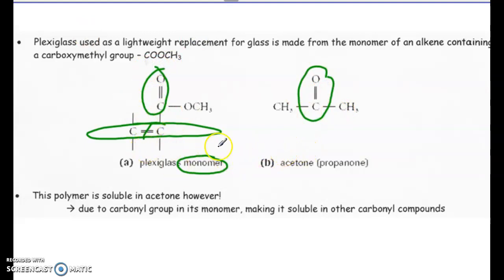So if you have plexiglass and you have acetone, not that I'd recommend you try this out at home, especially if you have something made out of plexiglass, but acetone, or propanone, a ketone here, has been known to be soluble with plexiglass. And it's just because it has a very similar grouping to it. So just something to keep in mind when we're dealing with polymers.